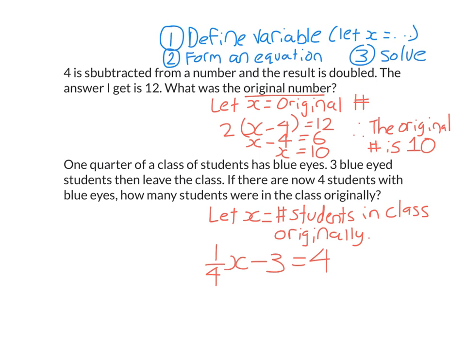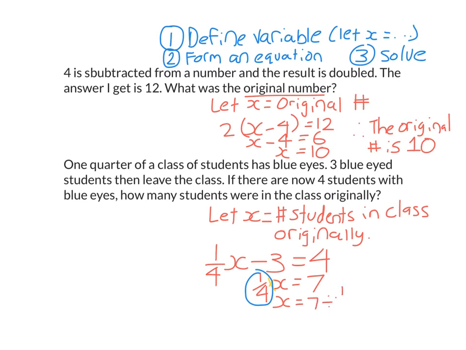So now we've got the equation, all the hard work is done. We're just going to solve this the exact same way we've solved all the other equations. So first thing I'm going to do is add 3 to both sides, and I get 1/4 x equals 7. So we have 1/4 times x. If no operation's written, it's times. So the way we undo timesing by 1/4 is divide each side by 1/4.